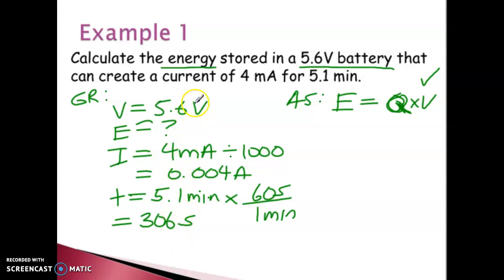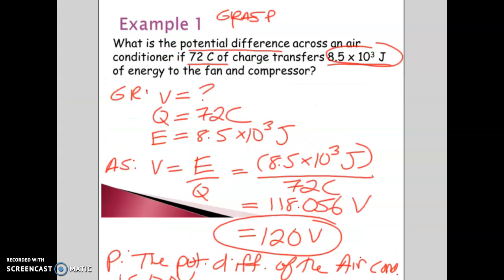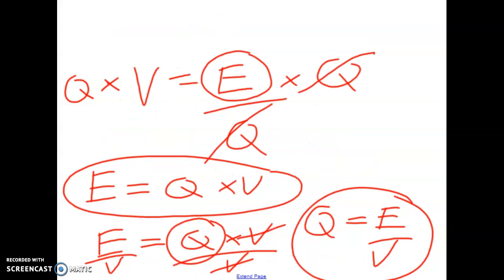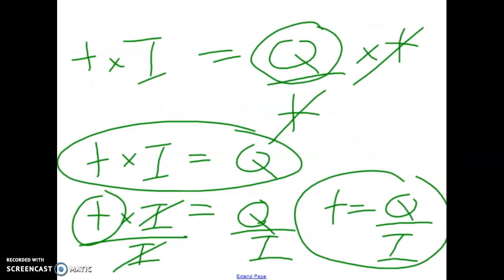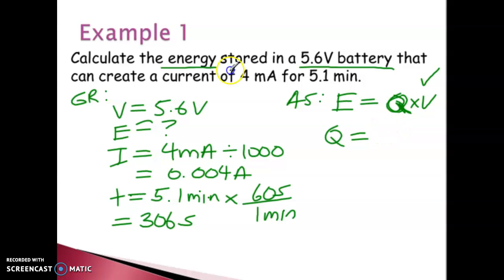So before we can solve for E, you would have to first solve for Q, which we have to do using the other formula. Q is equal to time times current.